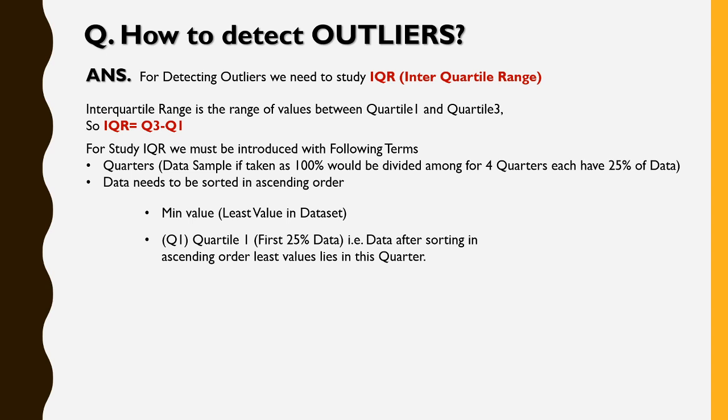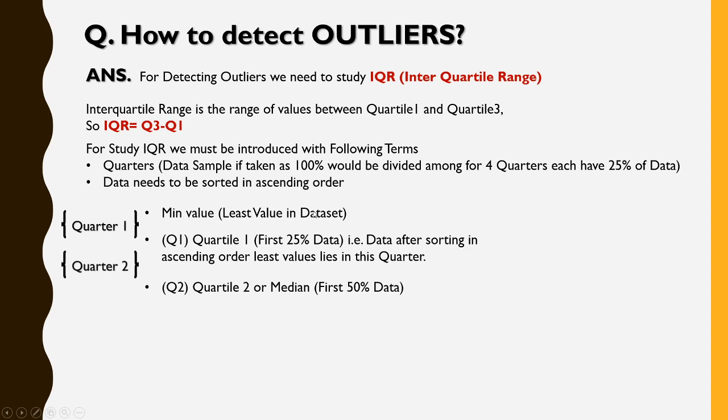So after sorting the data in ascending order, the least value lies in this quarter. The values between the minimum value and quartile 1 come under quarter 1. Then the data values between quartile 1 and quartile 2, which is the median value of our data, come under quarter 2.